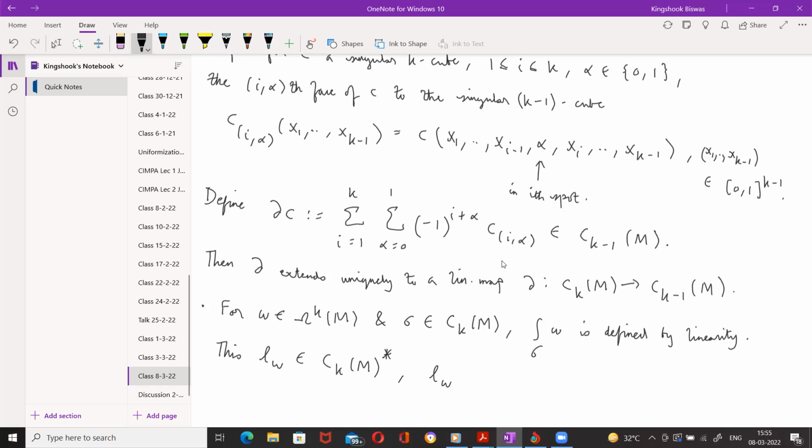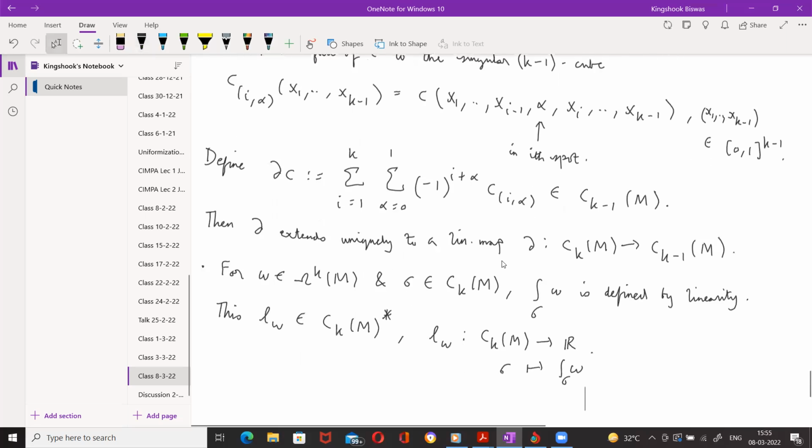L omega is just given by integration of omega over the k chain.